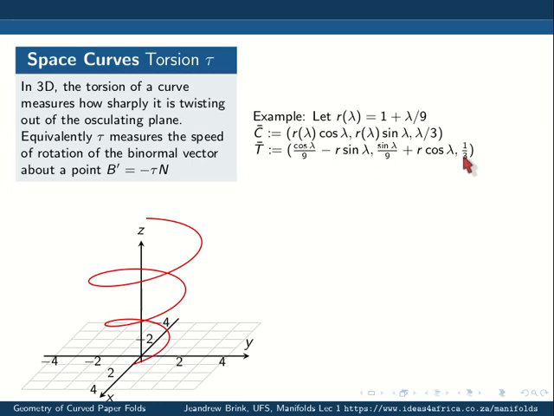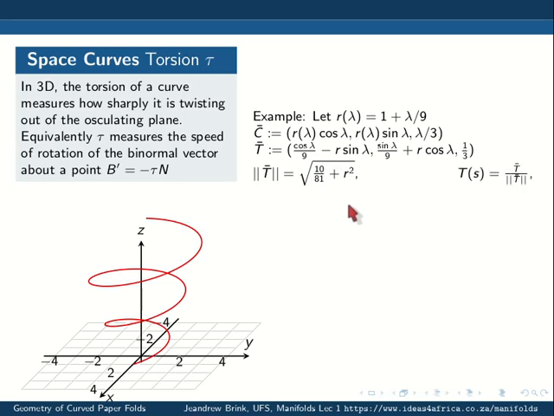So the tangent vector is pretty straightforward to compute, but once again be warned, this is not a unit vector. So we go and work out the norm of this vector. You just dot this thing with itself and take the square root, and we get the square root of 10 over 81 plus r squared, where r is still this thing.